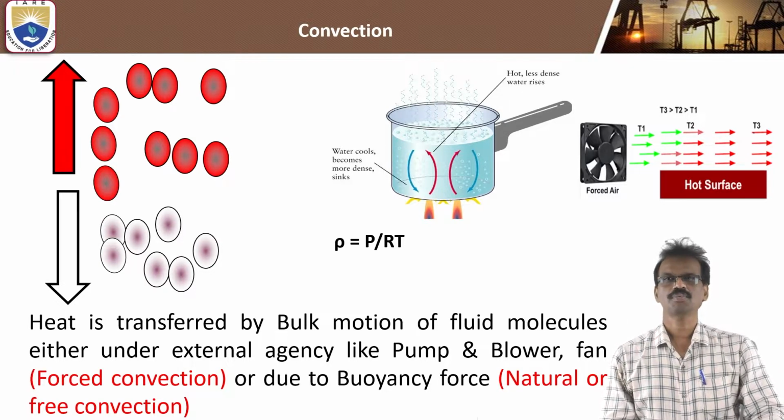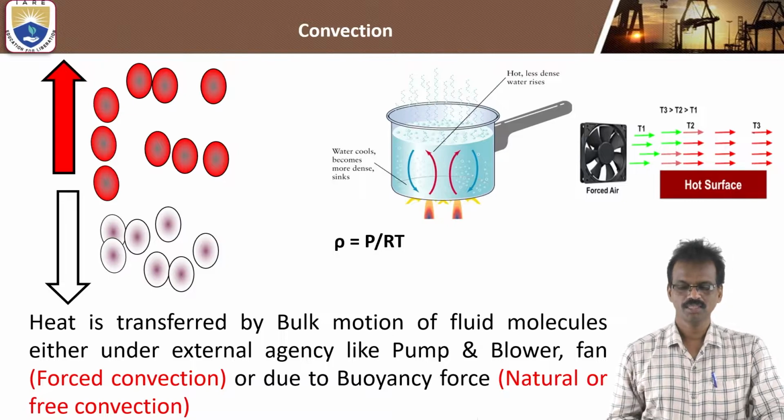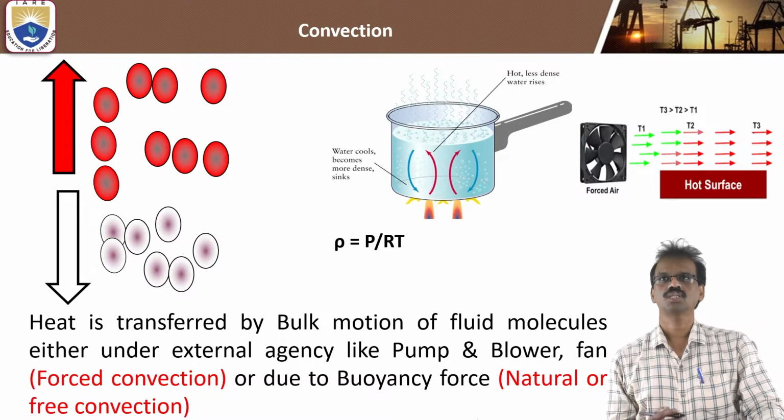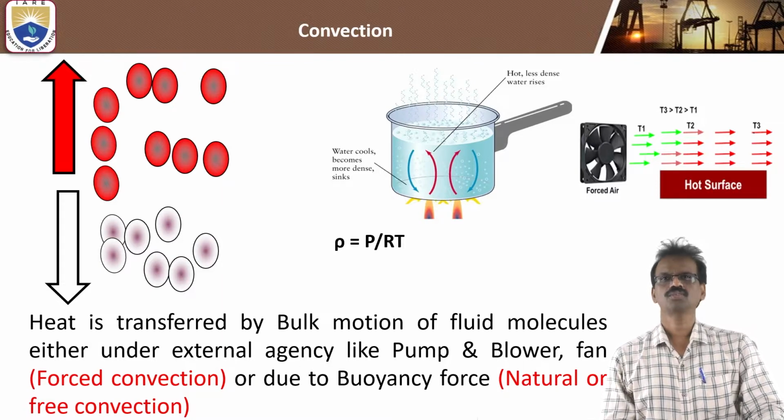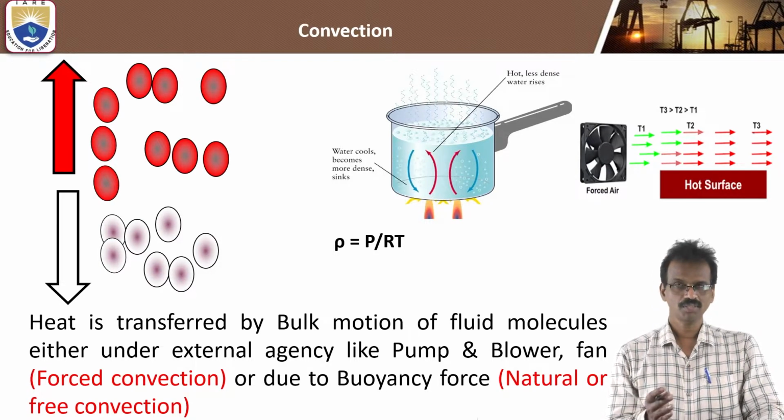Conduction has been covered in previous classes. Now we'll see the convection process, the rate of heat transfer through convection. In conduction, heat transfer takes place by two phenomena: lattice vibration and free electron movement.